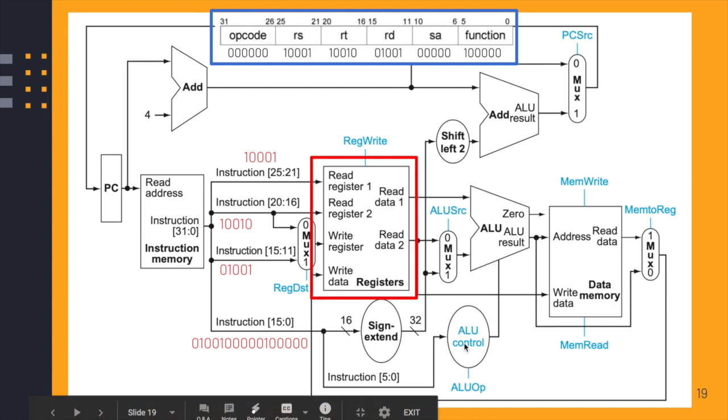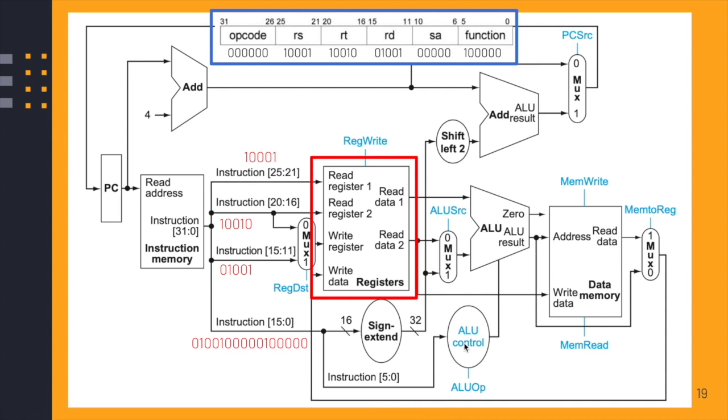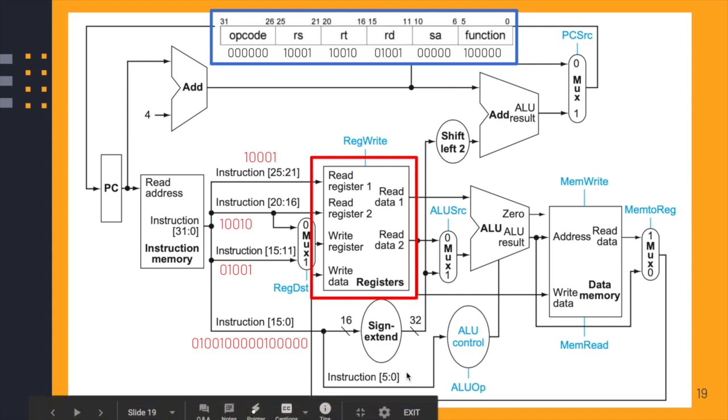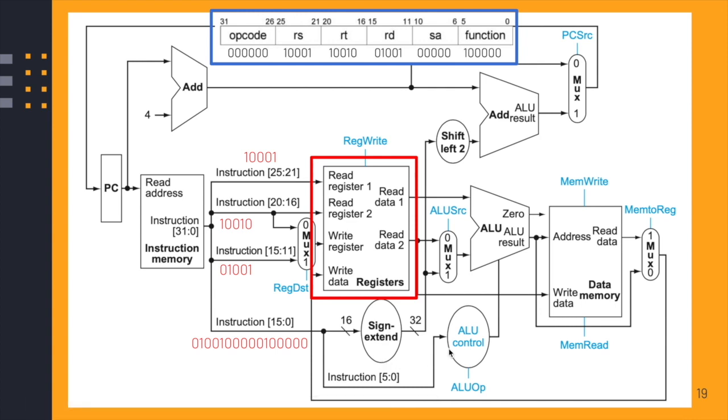But since the R type contains multiple operations, it cannot directly state, yes, it's an R, so I am going to perform this operation. No, knowing that it's an R type format, I need to get the function and then perform the operation, whether it's an addition or a subtraction or an ORing, etc.